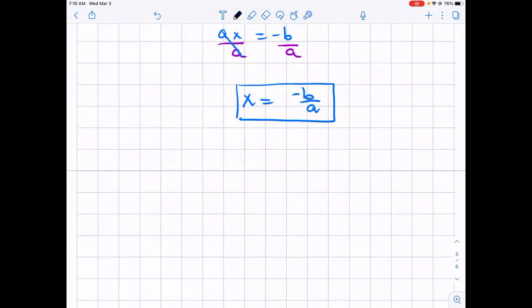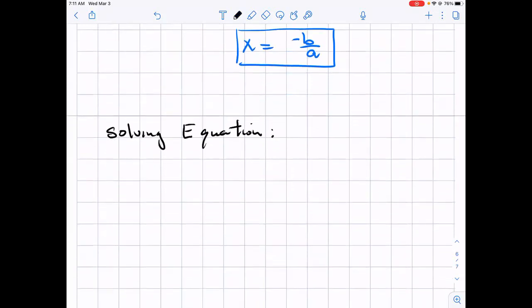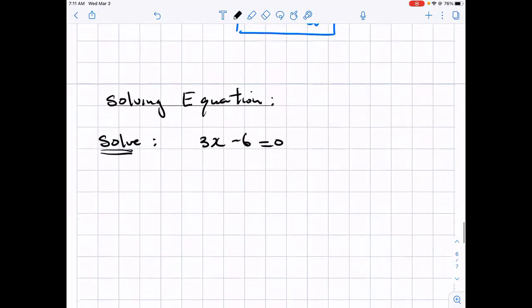So, solving equations. We'll start off with a simple case of a linear equation. Solve 3x minus 6 equals 0. When we say solve, we mean for x.